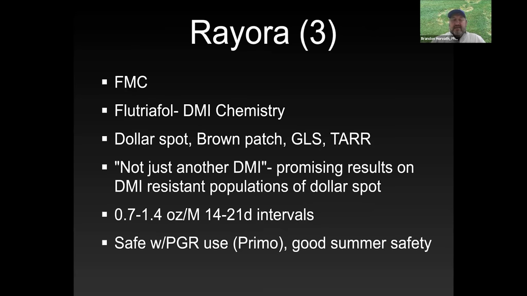So that's an excellent thing. And it's also what we would call a safer DMI in terms of its ability to be used along with PGRs like Primo and other PGRs so that you get good summer safety. But you're certainly going to pick up dollar spot and brown patch control with Rayora.